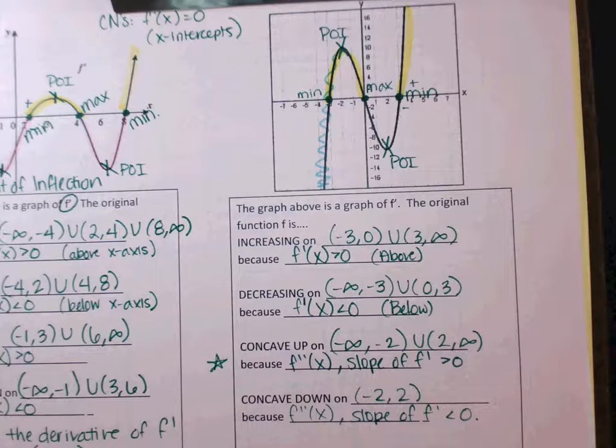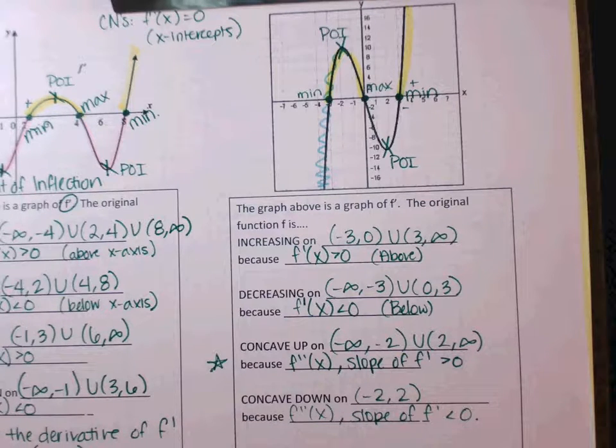Till 2. Okay, then put your union. Where else is it positive? And remember, we found that because it was above the x-axis. That means f prime, what you're looking at, is positive.